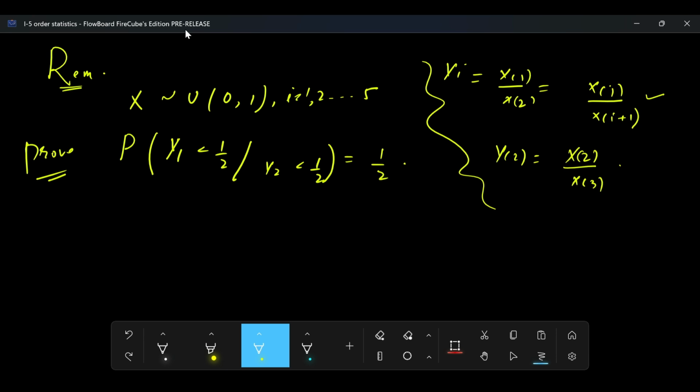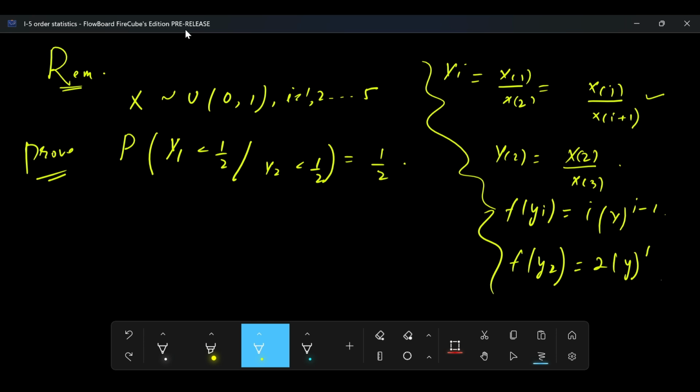So we have to find the probability of this, and what's f of yi? That will be i y to the power i minus 1. If you are asked to find f of y2, that's 2y to the power 2 minus 1, that's 2y. Similarly, as you know, this is order statistics. y1, y2 is order statistics.